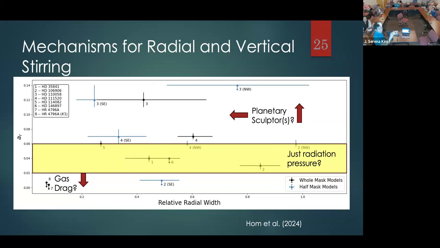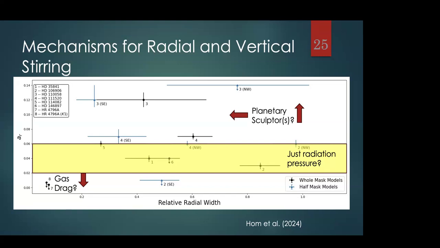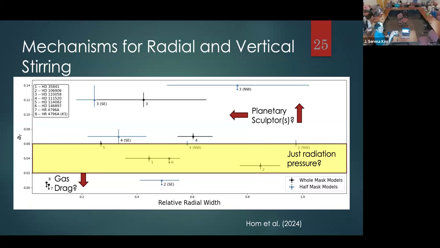In the low scale height regime, like down in the bottom here, maybe there's some gas in these systems that might be inducing drag that is preventing some of these dust grains from being vertically excited in that direction.